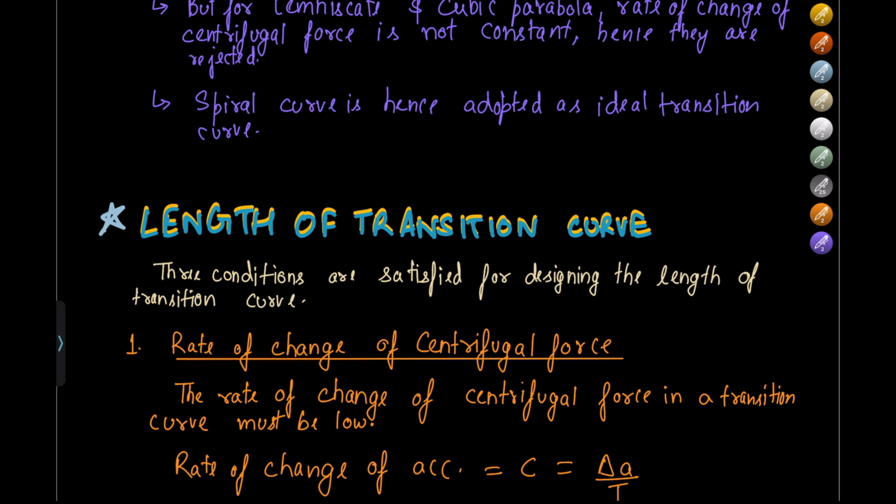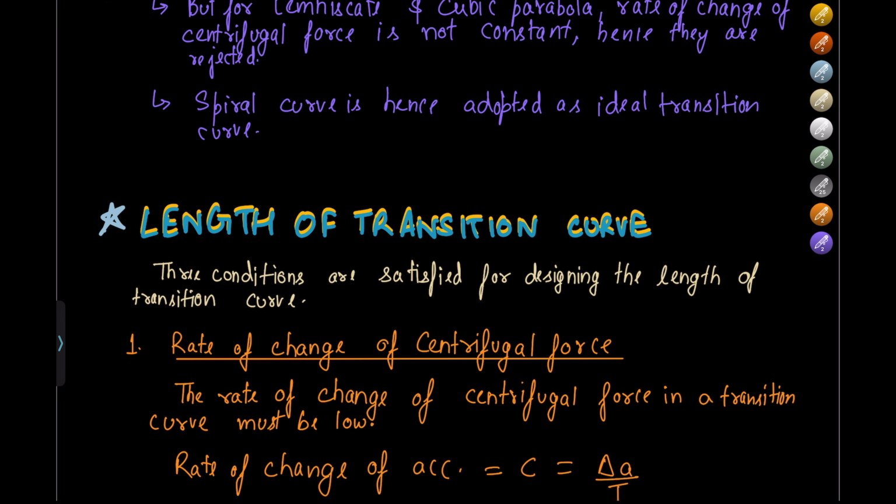Then that also decides the length of the transition curve required. Next, some empirical relations between length of curve and R, radius of horizontal curve, have been provided by IRC. So those are also taken into consideration, and the maximum value of the length of transition curve calculated from all the three values is chosen as the length of transition curve.